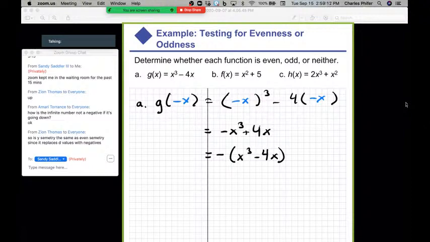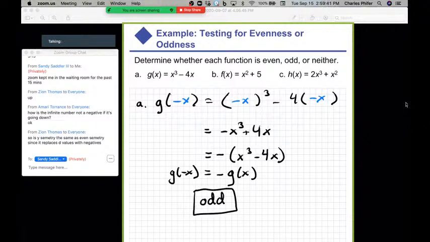Notice that we have negative of the original. So this is equal to negative of g of x, which is the original. Just be consistent. So if we have g of negative x equals negative g of x, that's the definition of a function being odd. That means this function is odd.